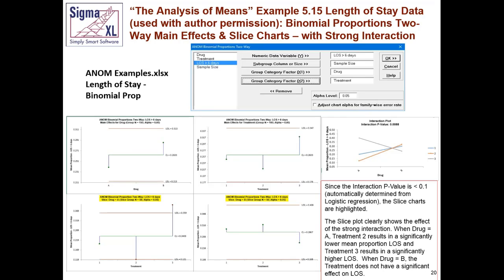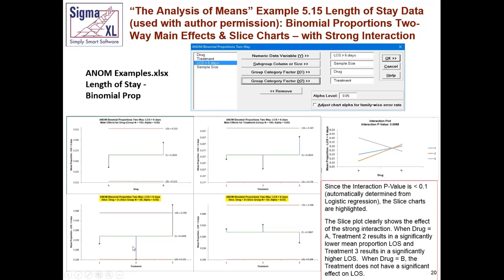Here's an example, length of stay. This is length of stay in a treatment facility, and we have drug and treatment as the X category factors, and we have a strong interaction. So using the logistic regression, we get the interaction p-value, and because of that, the binomial proportion slice charts are being highlighted rather than the main effects plots.